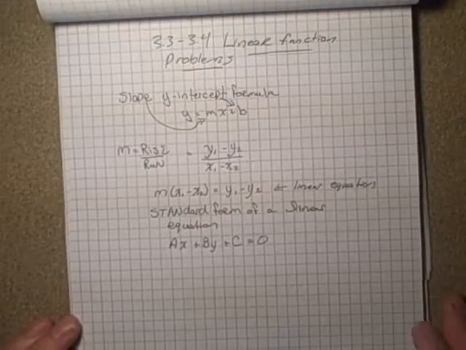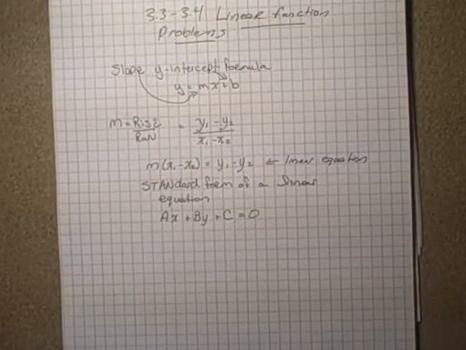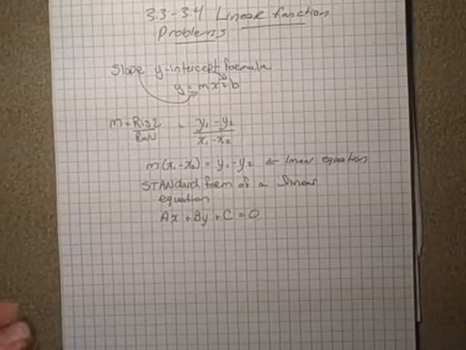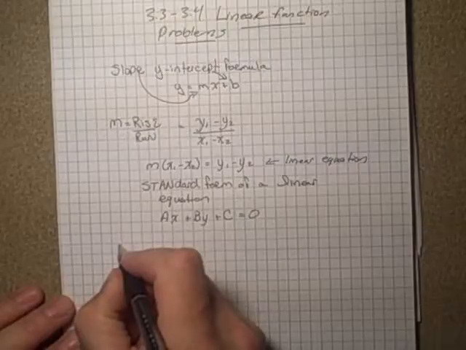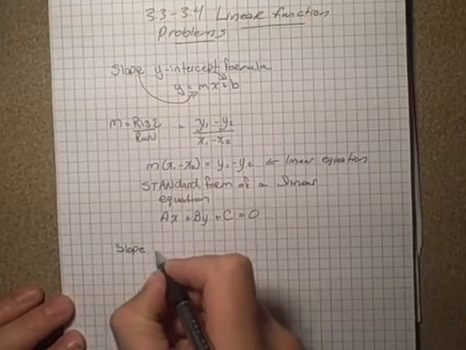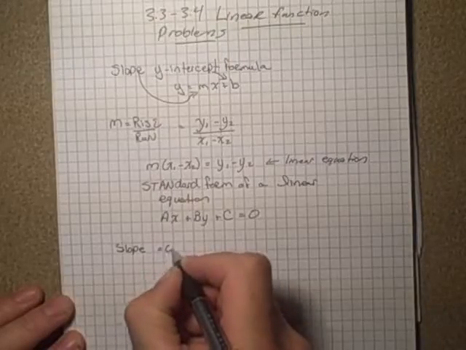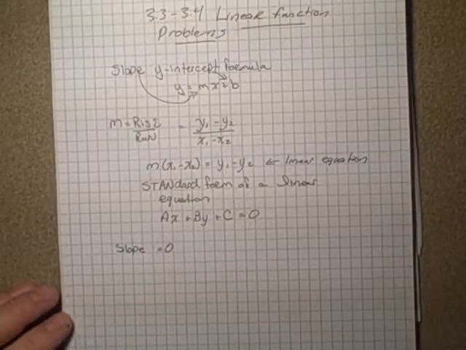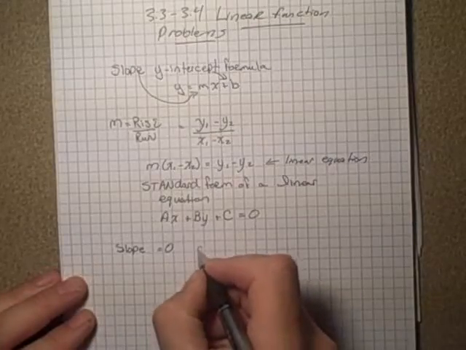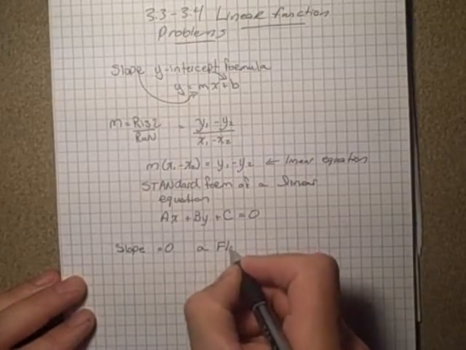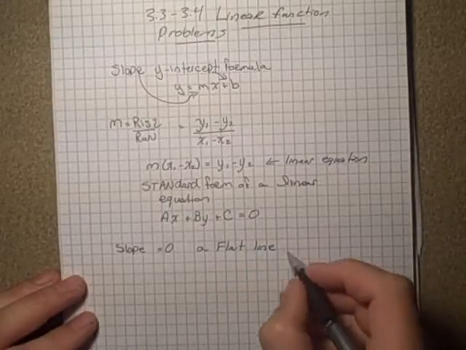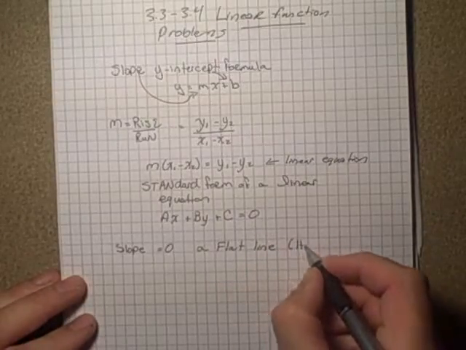Well, before we do that, we should take a look at two specific things that you should recall about slopes. When you have a slope equal to 0, you have a line that is flat, or horizontal if you like.